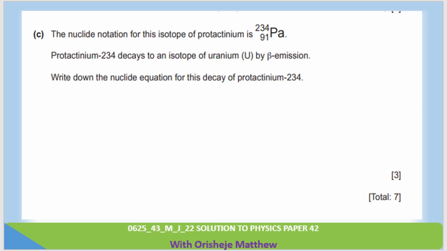Sorry. Okay, so let's look at this. I want to explain how you balance the equation. So if you look at this, what happened here? Let's look at the atomic number 91.